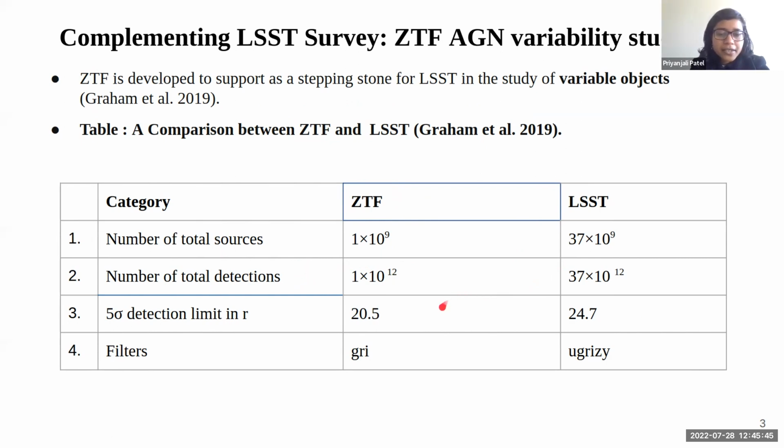Also, the magnitude depth in ZTF is about 20.5 for the R band, while it is 24.7 for the LSST survey. ZTF has 3 filters and LSST will have 6 filters. Although the ZTF survey is not as huge as LSST, it can be used for predictions.